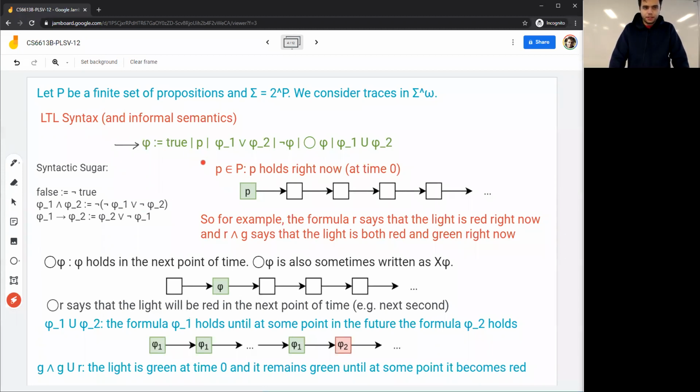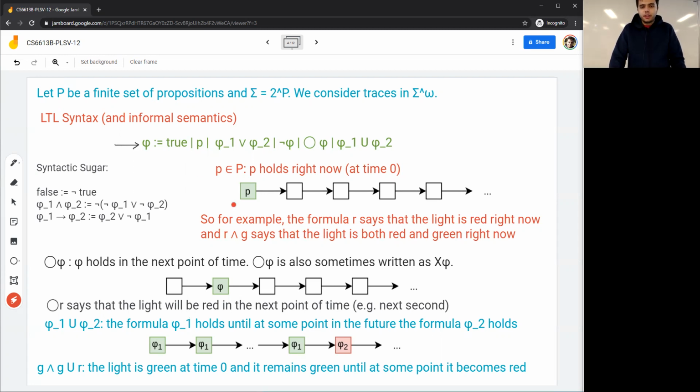So let's see what we mean actually by these things. True is obvious, right? True is something that is always true. Now, when I write P, it is one of my atomic propositions, right?